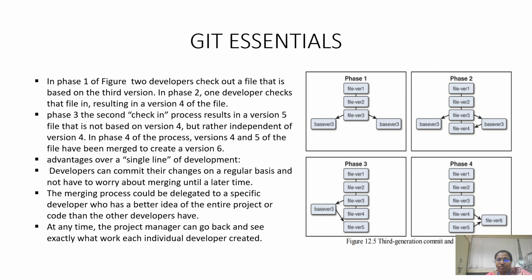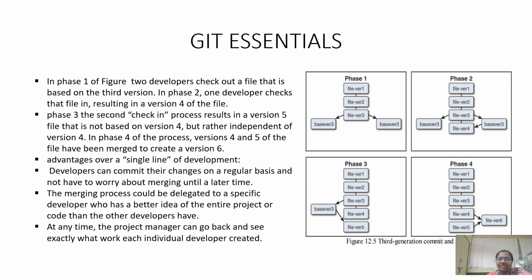In phase 4, the version 3 file is checked in as version 4 by one developer and version 5 by another developer. In this third generation commit and merge, version 4 and 5 are merged to create version 6. So this is an advantage over a single line of development.